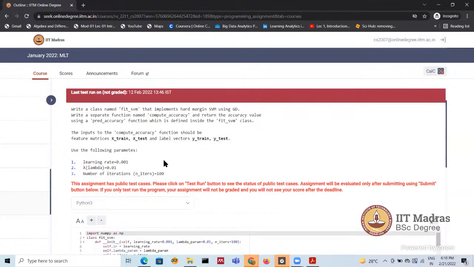Can anyone confirm whether the practice assignment solution is shared or not? Yes, it was shared earlier. So kindly go through the solution carefully so that you can attempt all the graded questions. It will help you a lot.